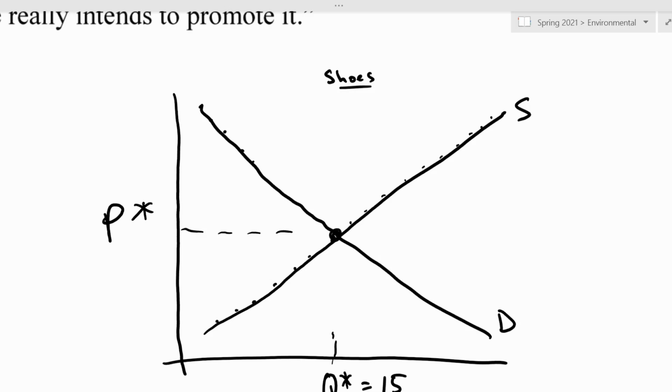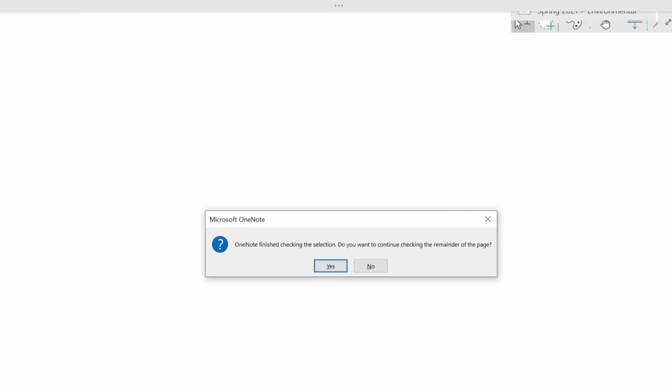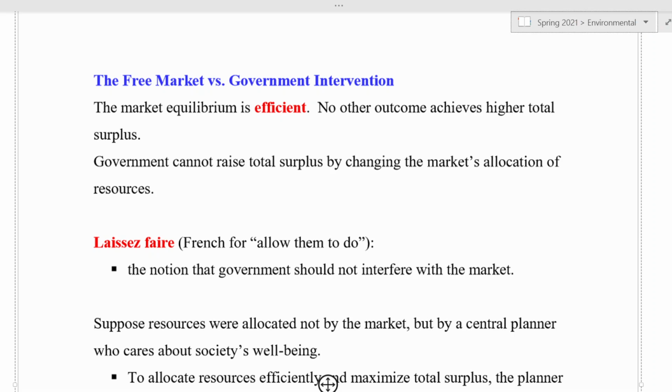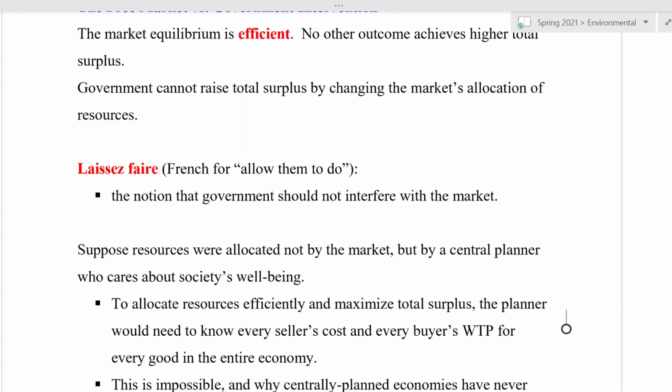And so for a centralized economy to arrive precisely at the most efficient allocation of goods is nearly an impossible task. And so that brings us back to this idea of a market equilibrium being the most efficient, achieving the highest total surplus, and ultimately all of this is happening without any centralized control.